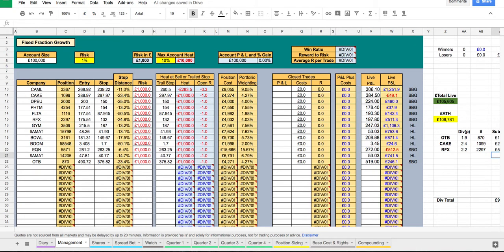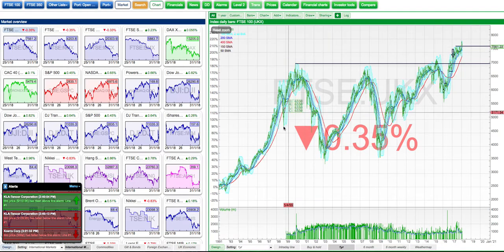So if we go back to our little model portfolio, you can see that we've hit a high of £108,781. But right now, because the markets are pulling in, it's at 105,605. And if you can't stay on a big trend, you're never going to make any money.